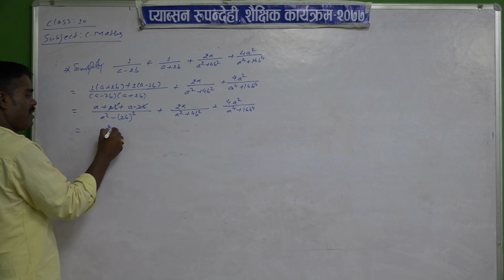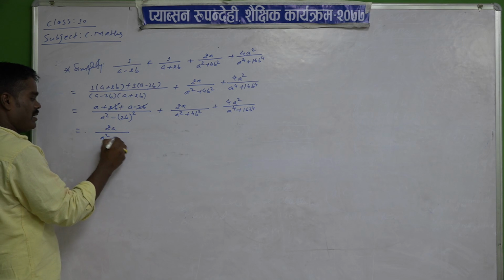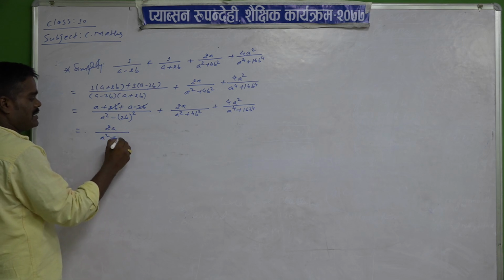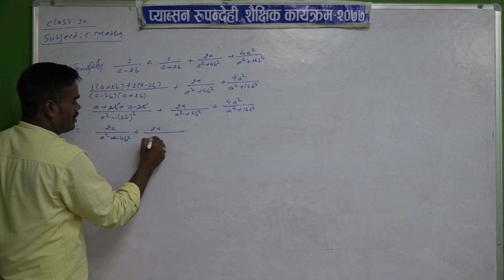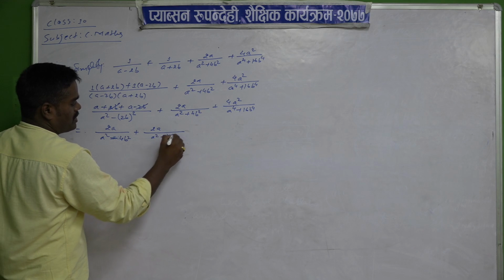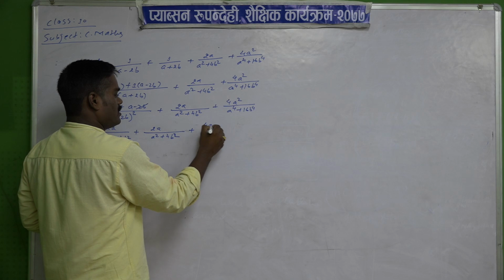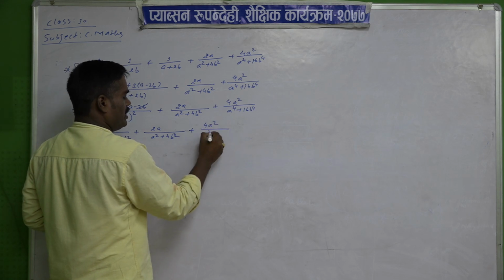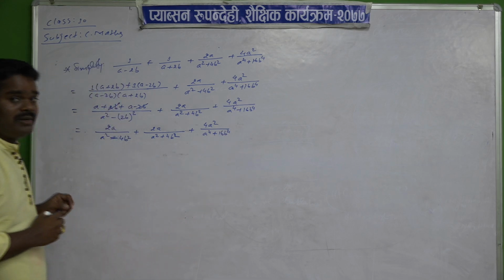Cancel. a plus a means 2a. So a square minus square of 2 is what? 4b square, plus 2a square plus 4b square plus 4a square upon a power 4 plus 16b power 4.